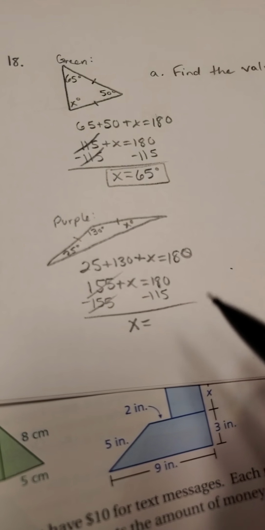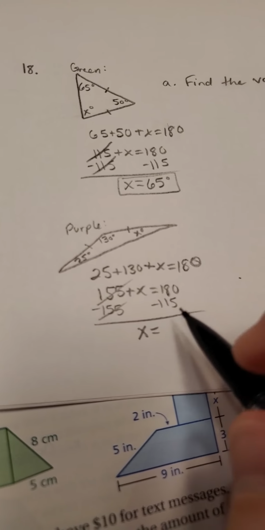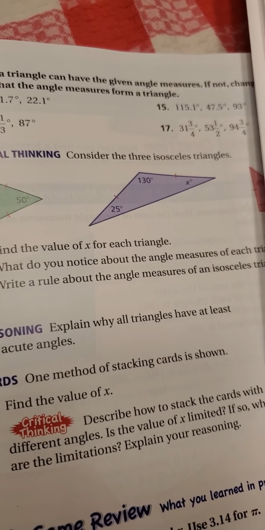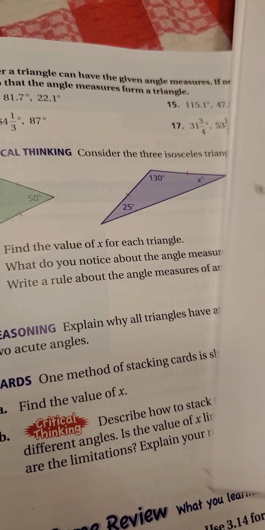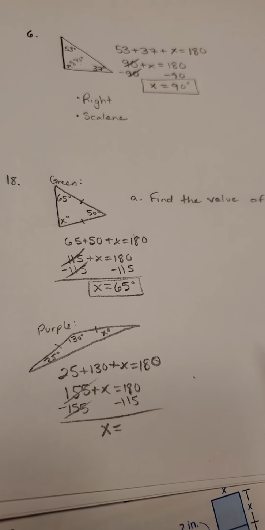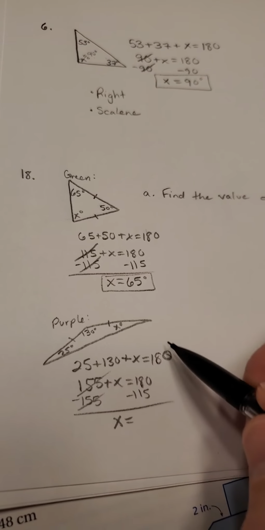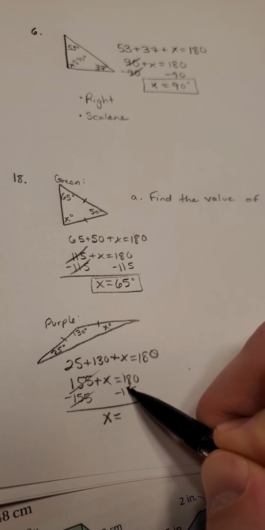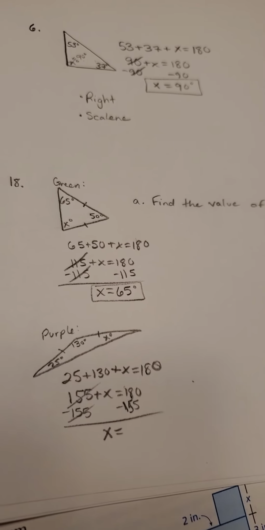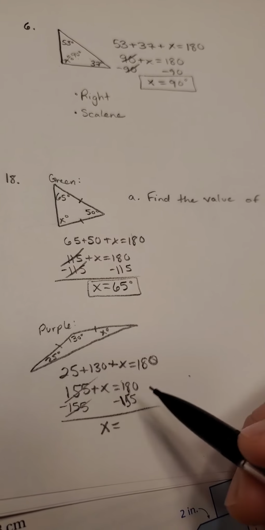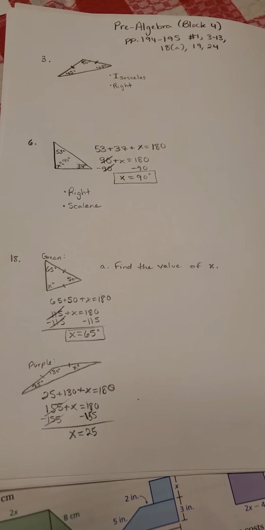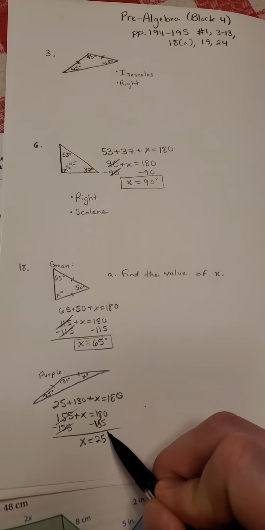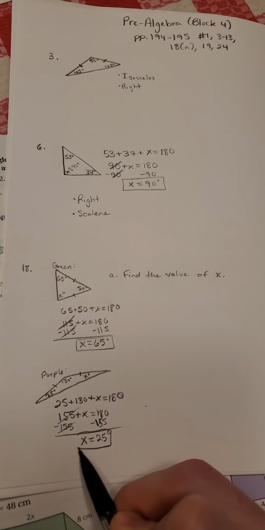I get x equals, well, did I mess up writing something on here? I am sorry, I missed the 5 here. I put 115, that's 155. There we go. All right, so 180 minus 155, and that is going to give me 25. So x is 25 degrees for the purple triangle.